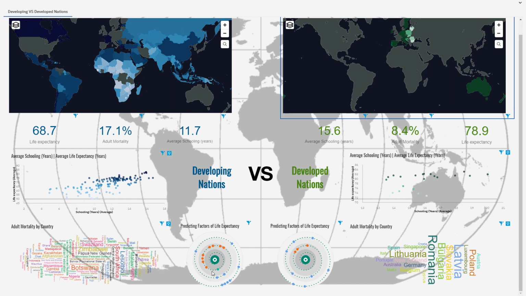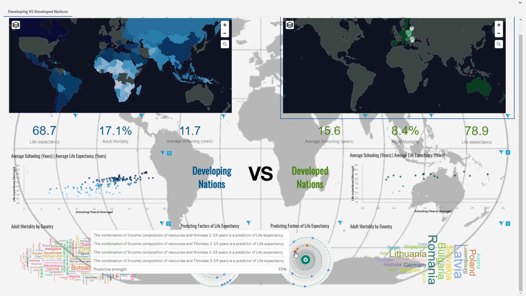Target life expectancy, strong predicting factors are the combination of adult mortality, HIV/AIDS deaths, thinness between the ages of 5 to 9, income composition of resources, and schooling as a predictor. That's very interesting. Especially with something such as HIV/AIDS deaths, that's probably, I would imagine, not so much an issue in these developed countries, and it's not.